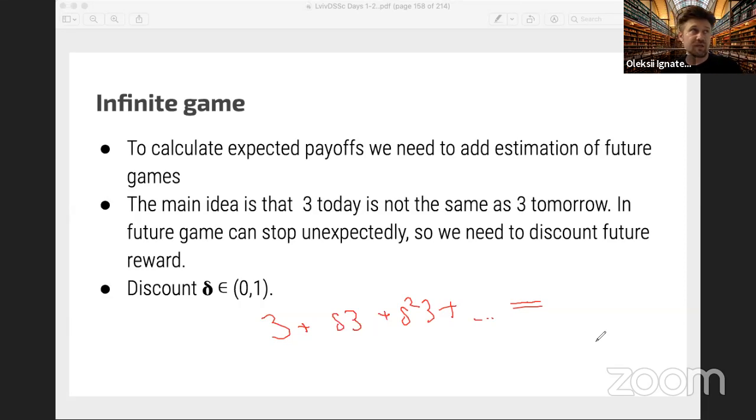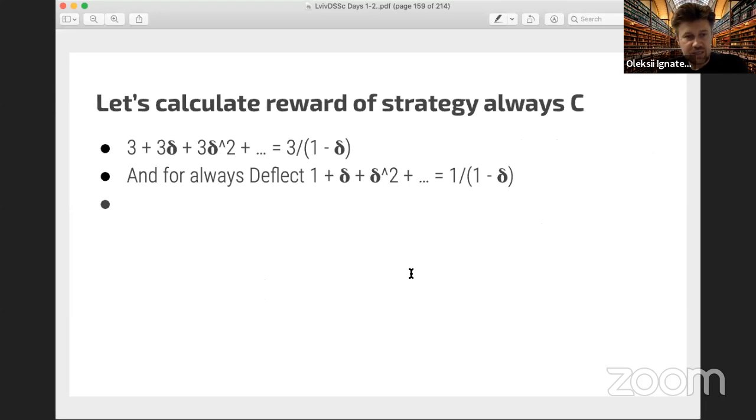If you are familiar with reinforcement learning, you know that this is the usual way to define the value function for a strategy. So, I hope you know that this is equal to 3 divided by 1 minus delta. Geometric progression, school formula.